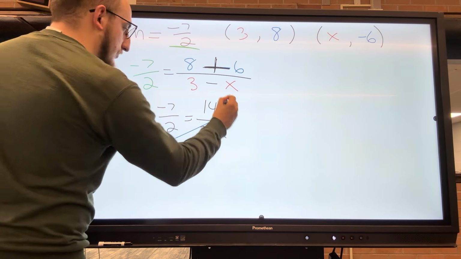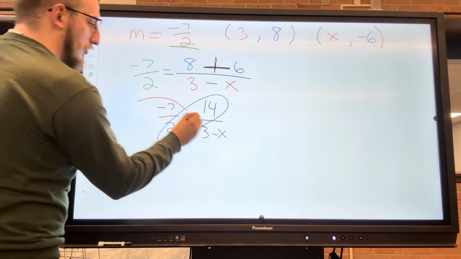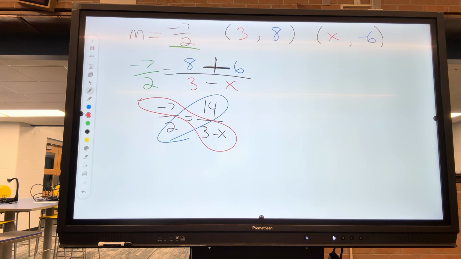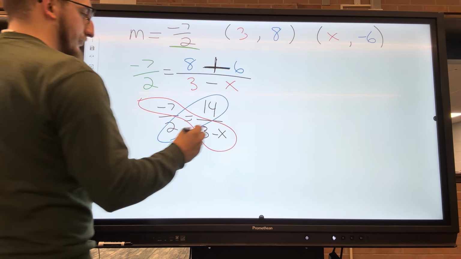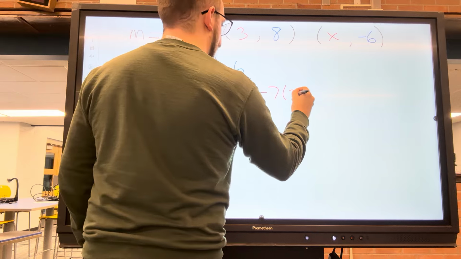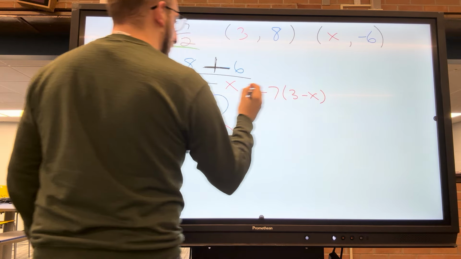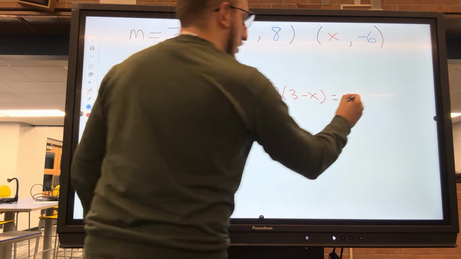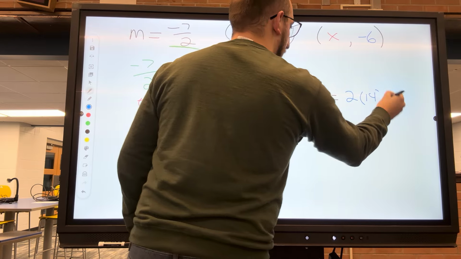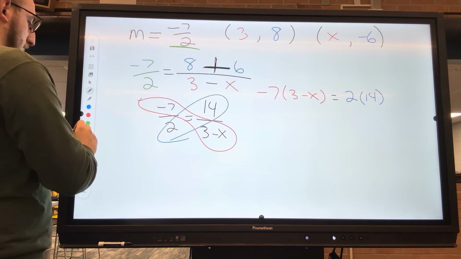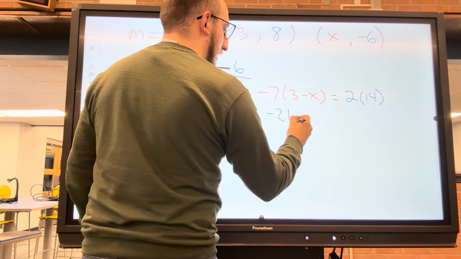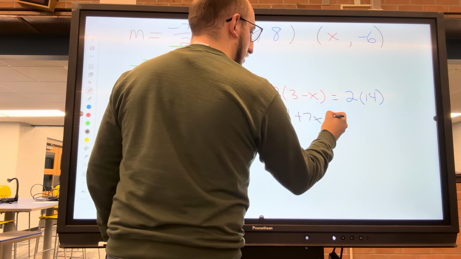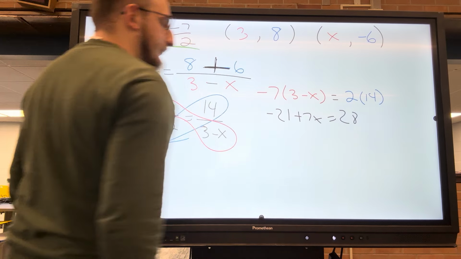And then we cross multiply, and solve. -7 times 3 minus x equals 2 times 14. This gets us -21 plus 7x equals 28.